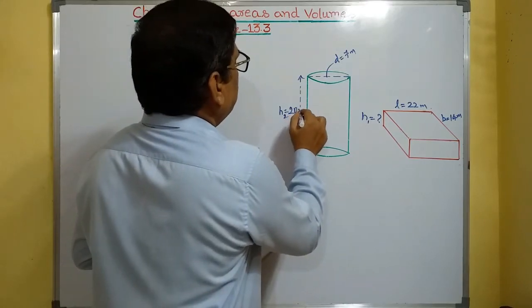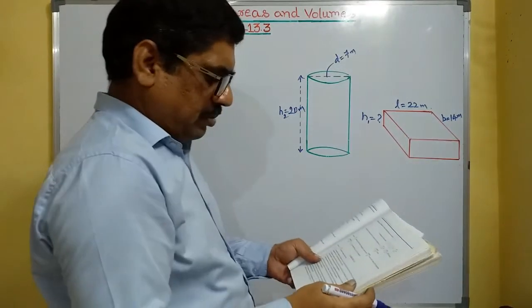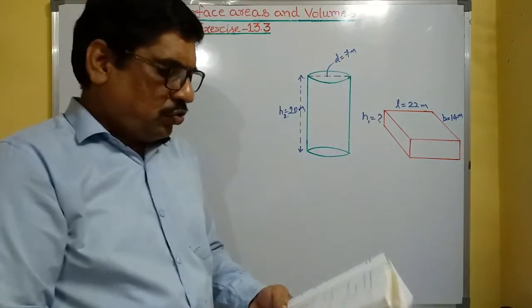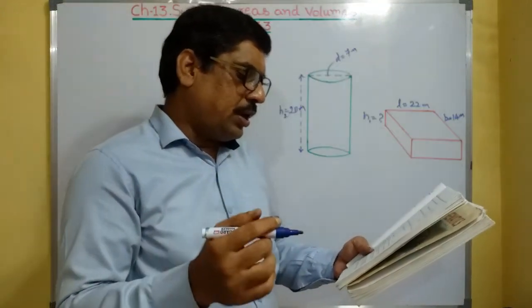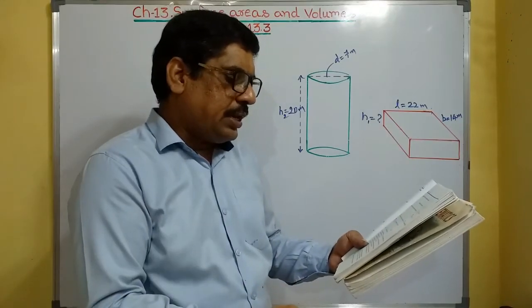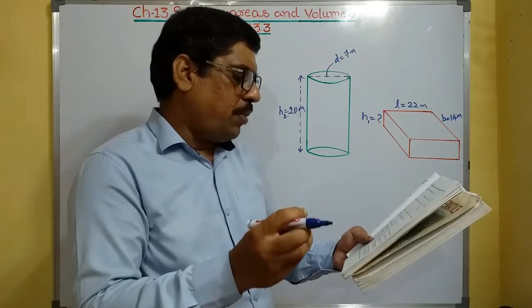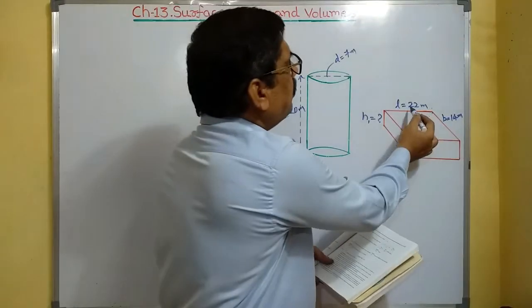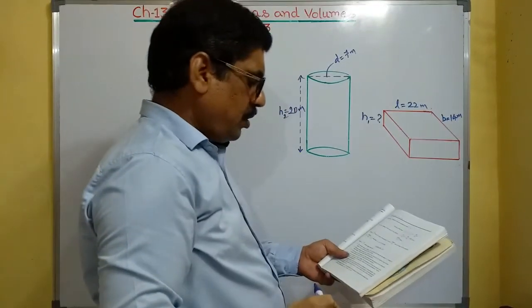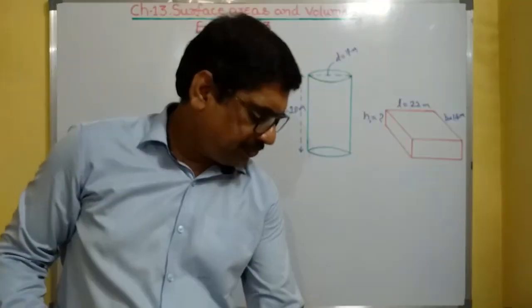It is given 20 meters and the diameter is 7 meters. So the earth dug out from the digging is evenly spread out to form a platform which is in this shape, length 22 meters, breadth 14 meters. Find the height of the platform.